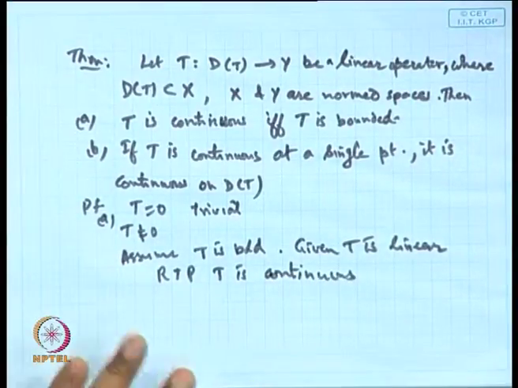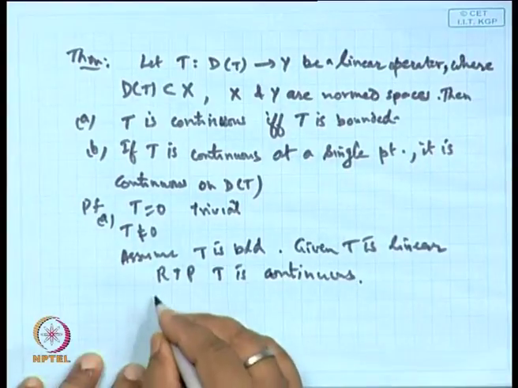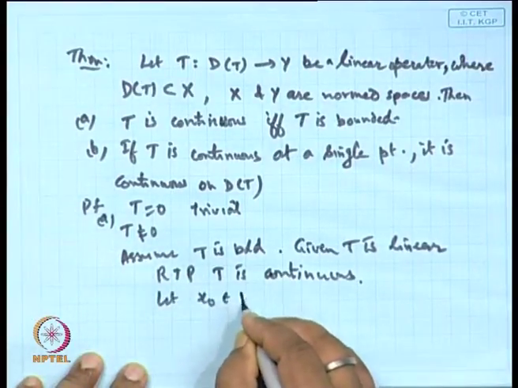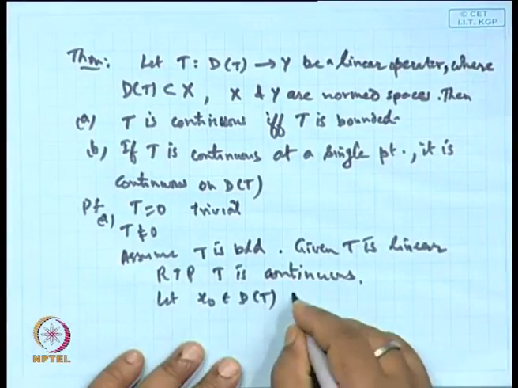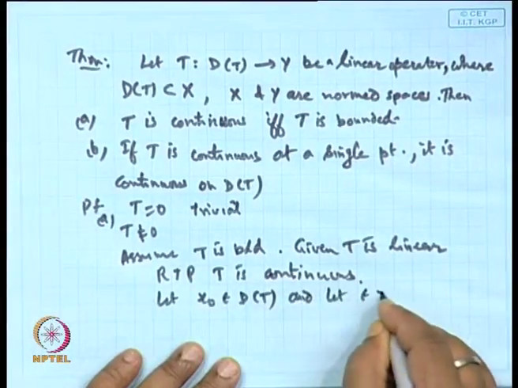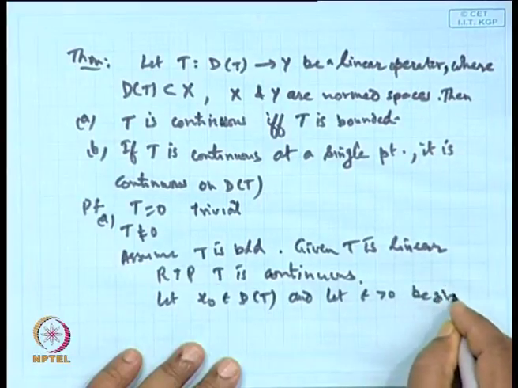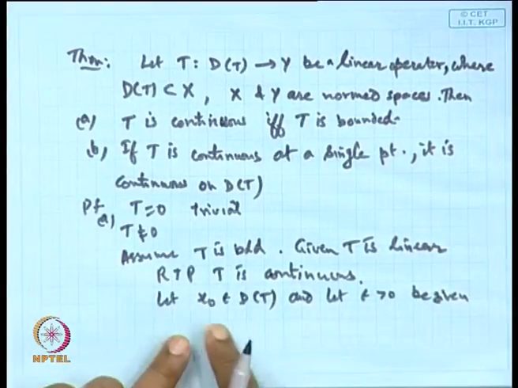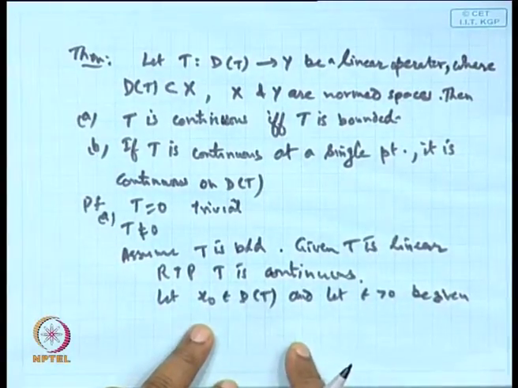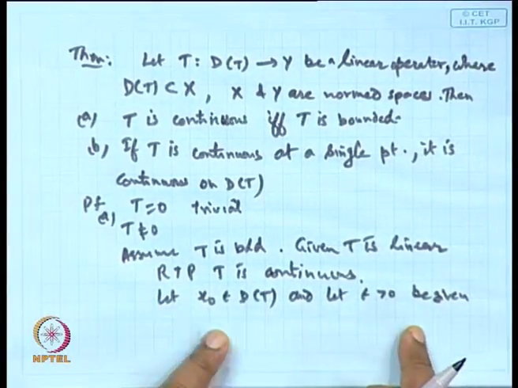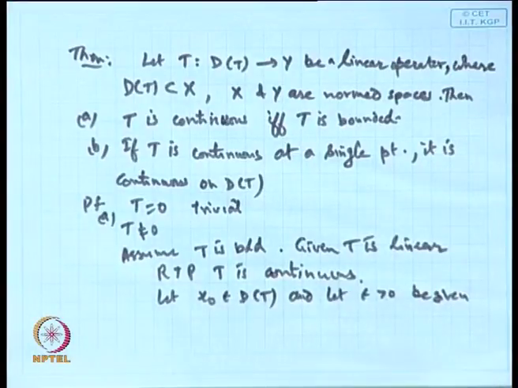okay, T is continuous. So, suppose x naught be a point in the domain D(T), okay, and let epsilon greater than 0 be given. So, for the continuity means we have to find a delta such that norm of T x minus T x naught is less than epsilon only when norm of x minus x naught is less than delta. Okay.